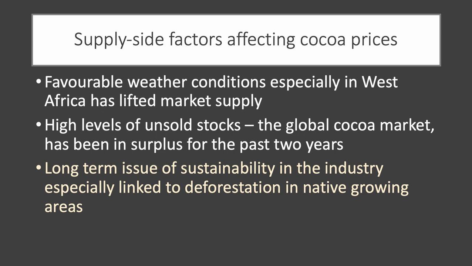In the long term, there's a big issue to do with the sustainability of cocoa production in the biggest growing nations, many of whom are vulnerable to climate change. For example, the increased production that we've seen in the Ivory Coast and in Ghana has also been associated with more rapid deforestation in the native growing areas.